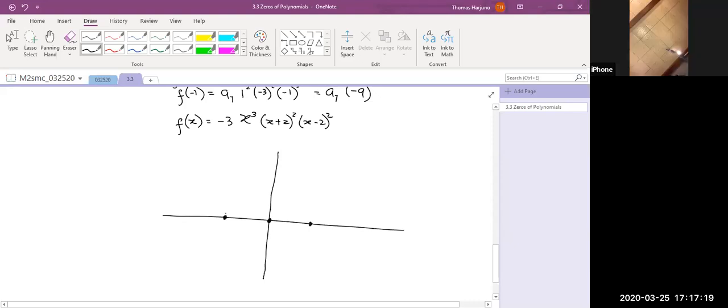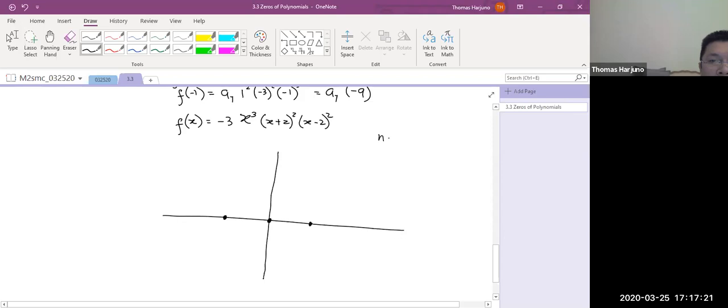This is a degree of 7, which is odd, and the leading coefficient is negative. So the sign graph will be as the following. 0, 2, 0 here, 0 here, 0 here.